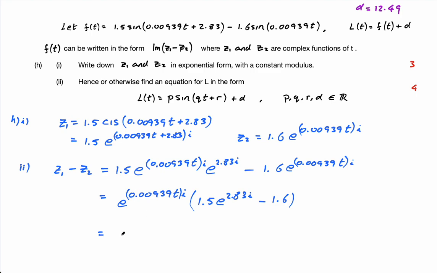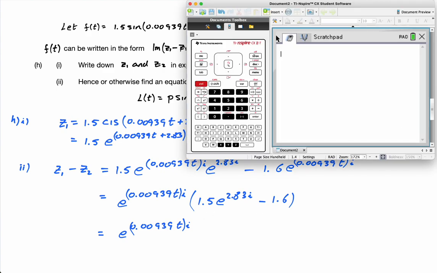Now this is e to the 0.00939 t i, and this bit I can do with my calculator. So this is just 1.5 times e to the power of 2.83 i minus 1.6 gives me this.